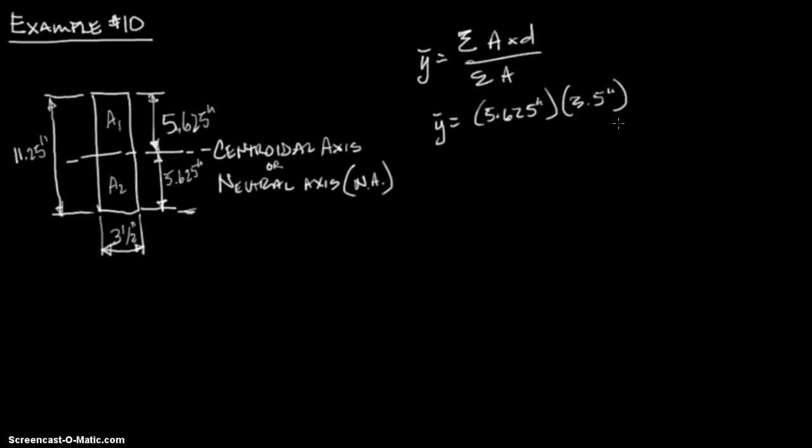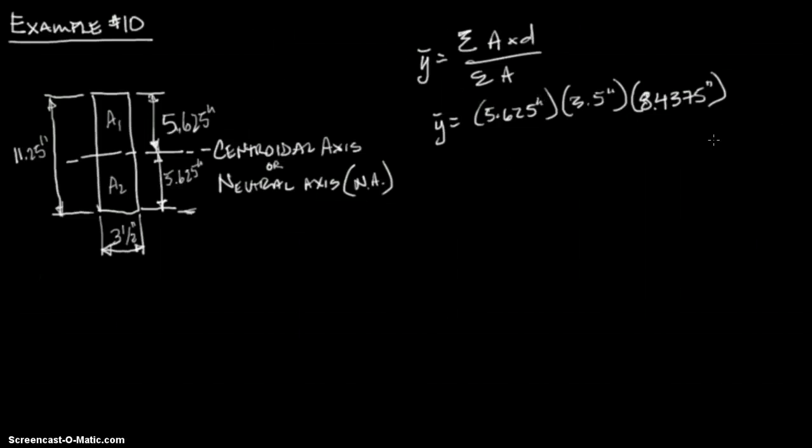That was your area. Now you want to do times distance, and your distance for A1 is 5.625 plus half of this 5.625. So 5.625 times, let's say 1.5, is 8.4375.